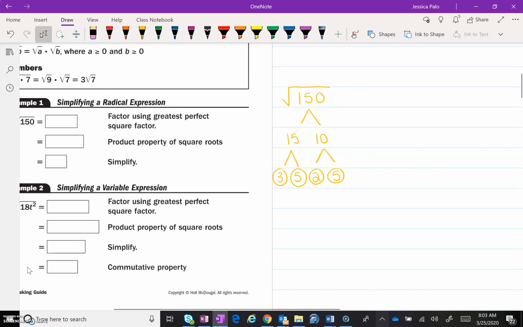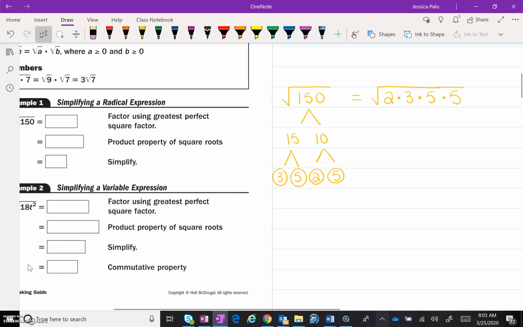Let's move over a bit. We are going to rewrite radical 150 as the product of its prime factors. So in numerical order, radical 150 does also equal radical 2 times 3 times 5 times 5.